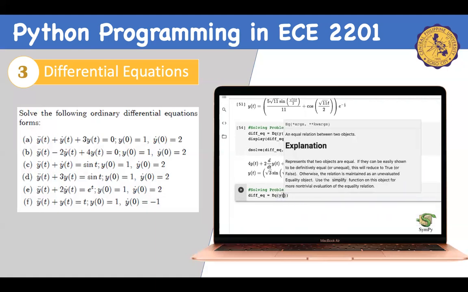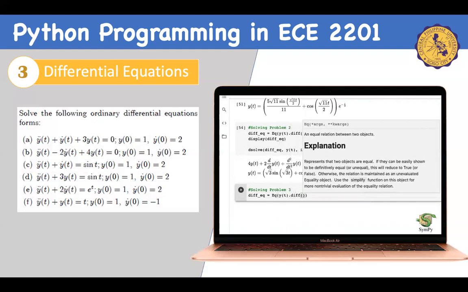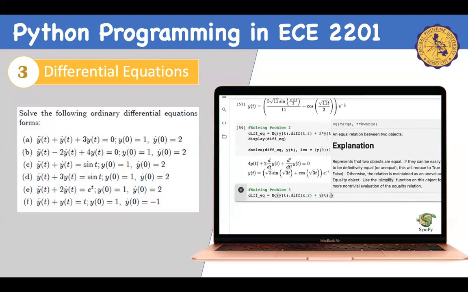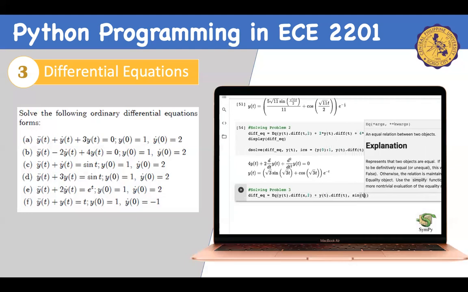We have the second derivative, y(t).diff(t, 2), plus the derivative of y(t), we can say y(t).diff(t), equal to, comma, sin(t).